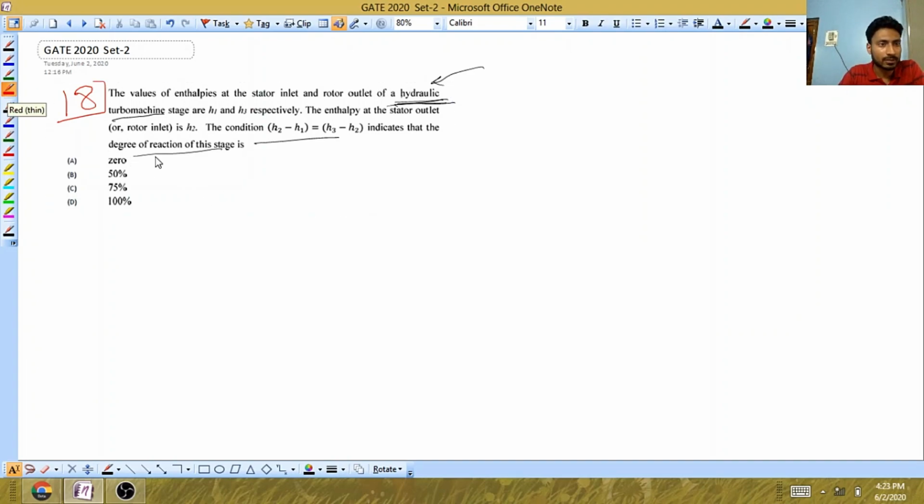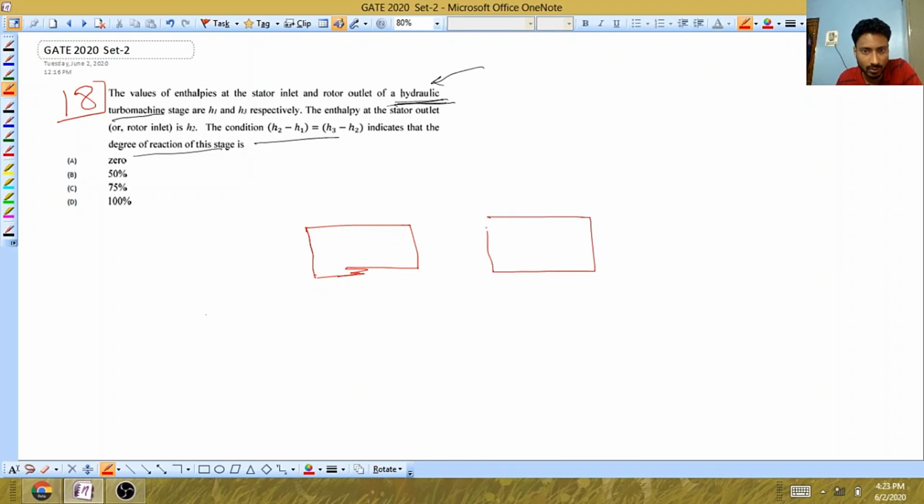First we need to draw a rough diagram for this. So this will be your stator and this will be your rotor.